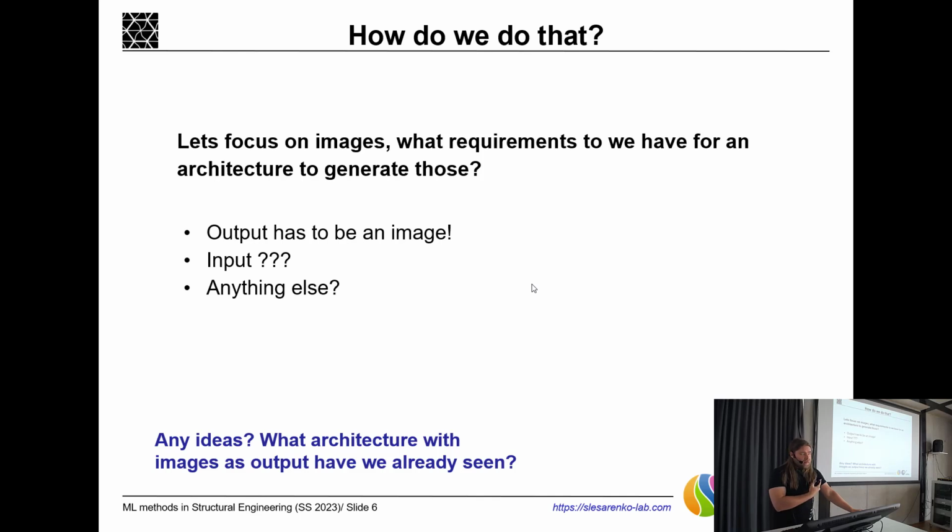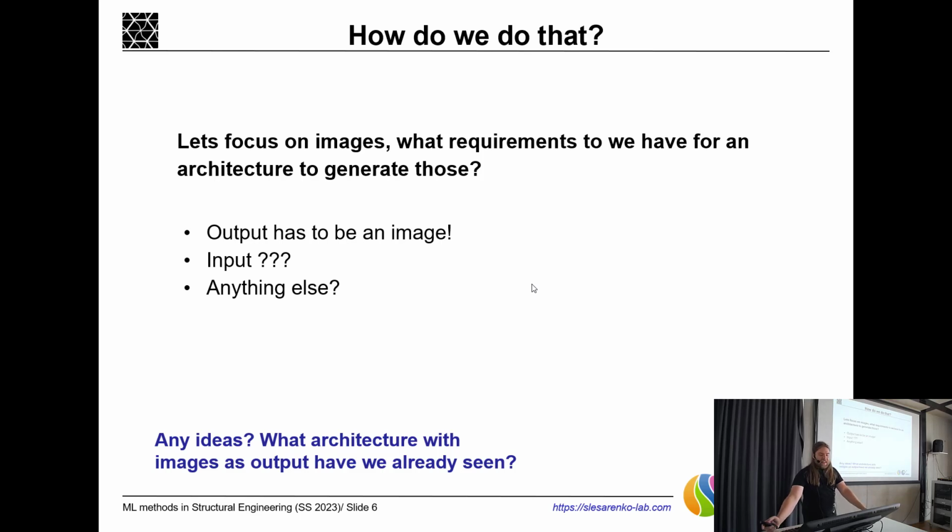We have absolutely no restrictions or ideas on an input, and there might be some other stuff. So do you maybe have some ideas on architectures or something you might have seen that we can use to create, or at least have in the end, an output that actually is an image? Have you seen some architectures that just output an image so far?